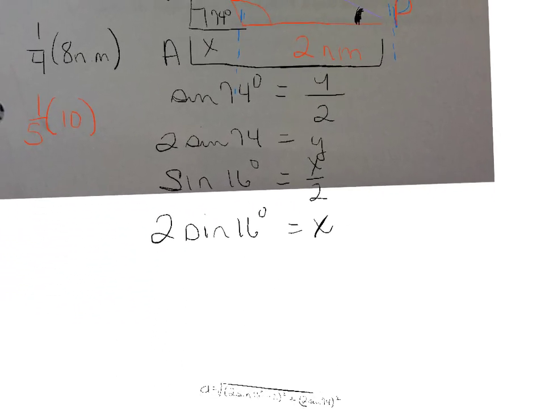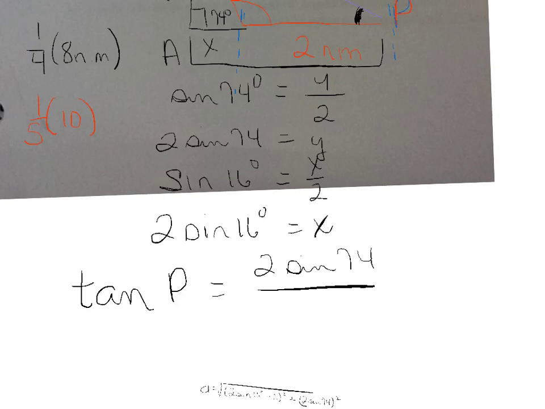And we know that the tangent of angle P is y, twice the sine of 74, over twice the sine of 16 plus 2. And Trey, the distance was 3.2. We forgot, I wasn't recording when we came up with the distance. All right, so find the angle P. We get that angle P is 37.